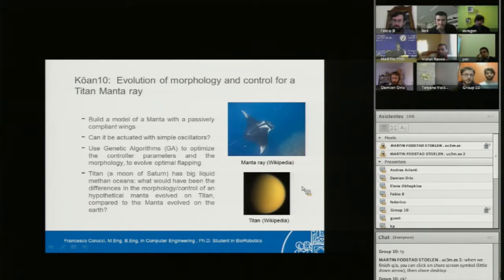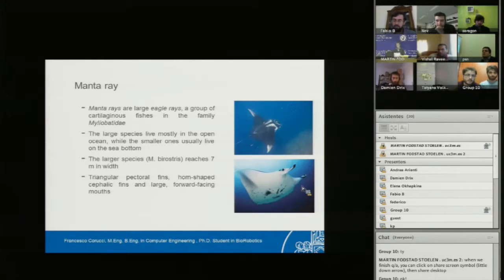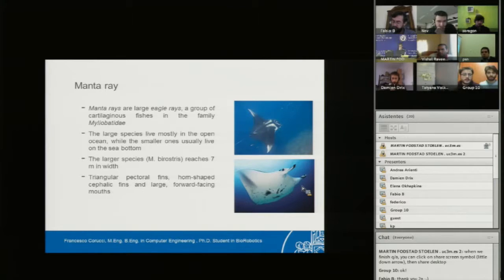So, something more about the biological model. This is the manta ray. Manta rays are large eagle rays, a group of cartilaginous species in the family of Mylobatoidae. Larger species live in the open oceans, while smaller species usually live on the sea bottom, and the larger species easily reach 7 meters in width.